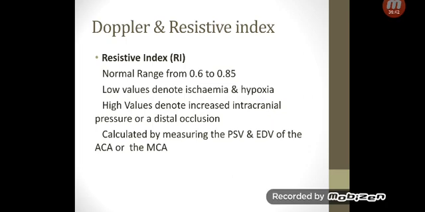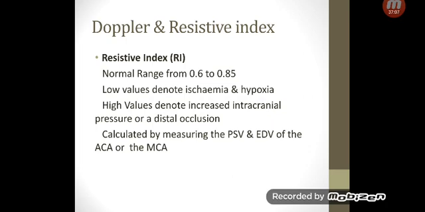And now going back to the resistive index, which is your second part of the Doppler or the color scan approach. The normal range for resistive index is anywhere between 0.6 and 0.85. Low values denote ischemia and hypoxia, so anything below 0.6 is showing a sign of an ischemic or hypoxic event.